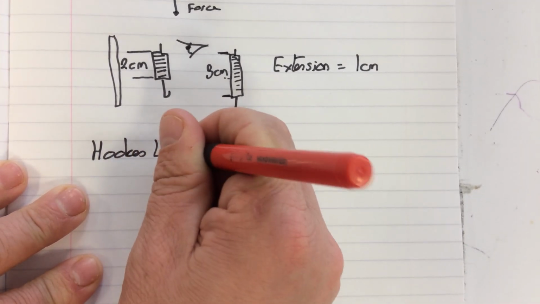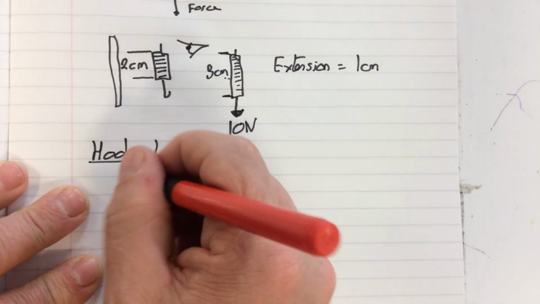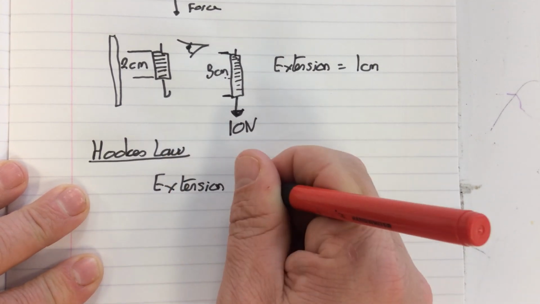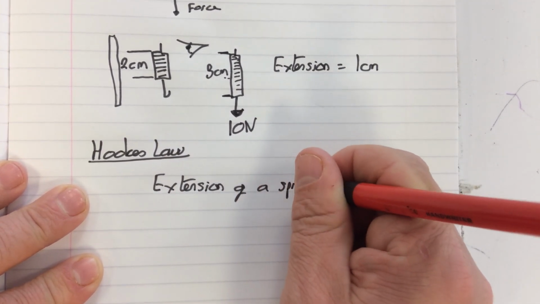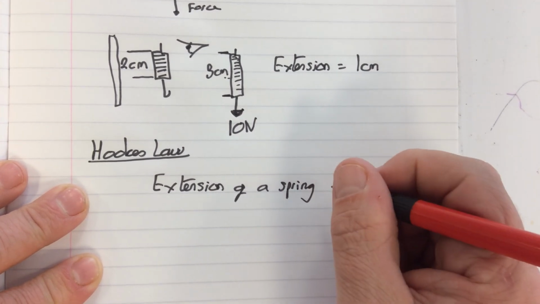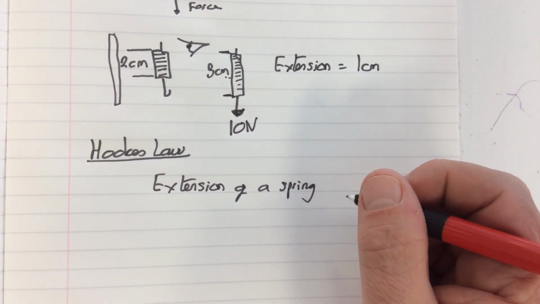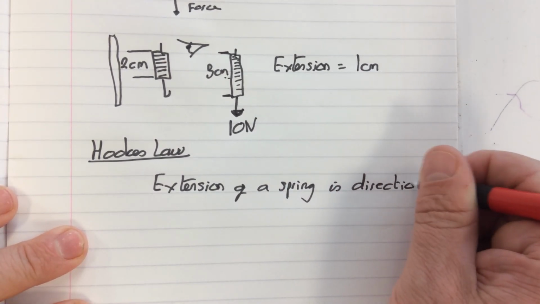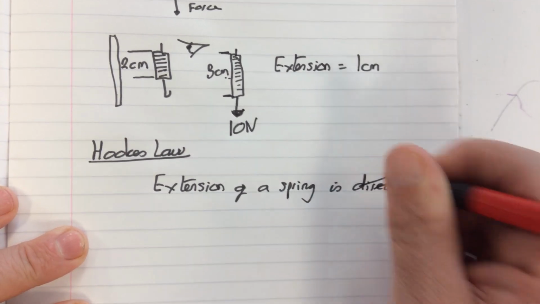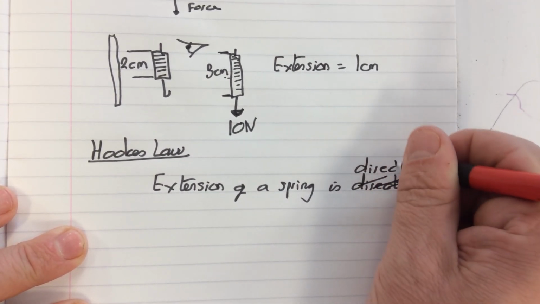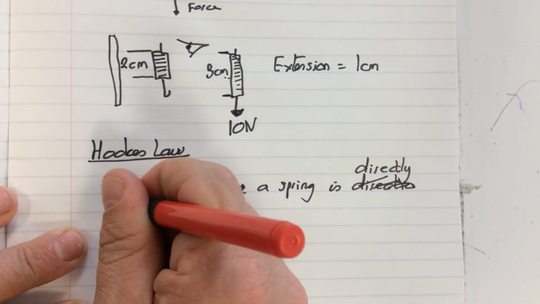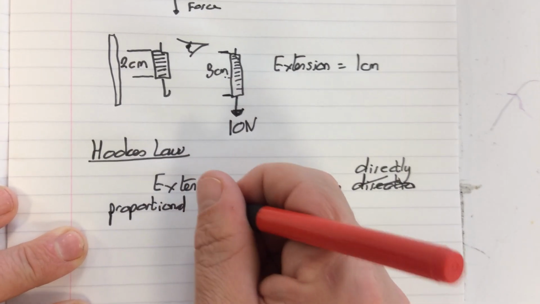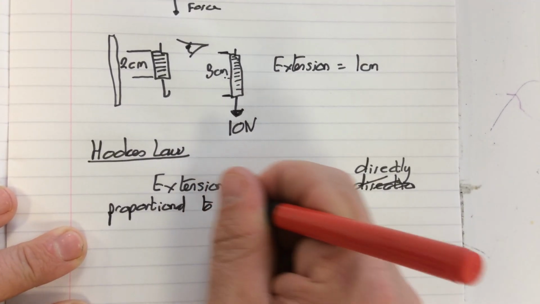So Hooke's law states that the extension of a spring, and this is an important one to remember, is directly proportional to the force applied.